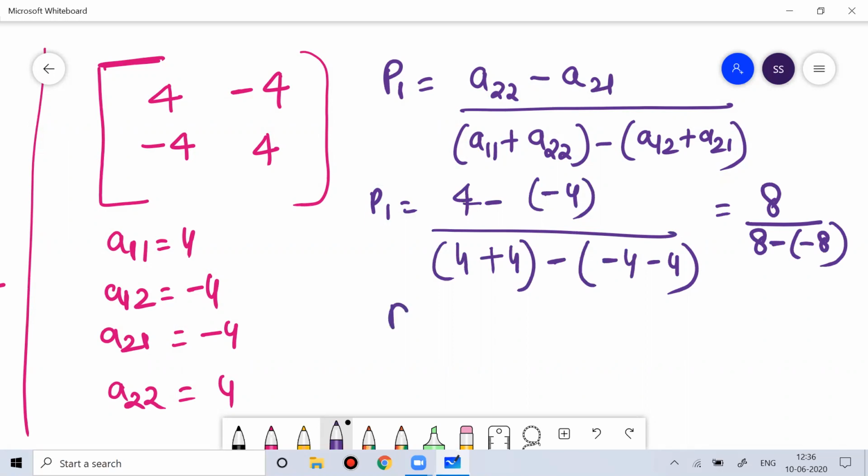So the value of P1 would be 8 by 16, that would be 1 by 2. If P1 is equal to 1 by 2, your P2 would also be 1 by 2. Anyone having doubt with this part?